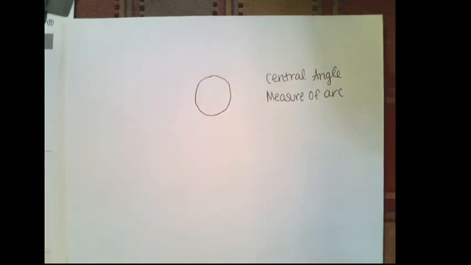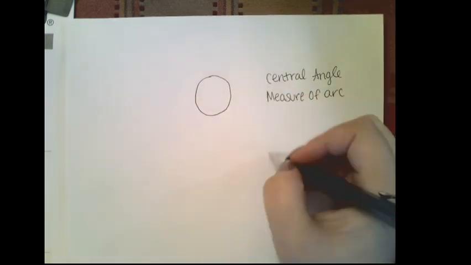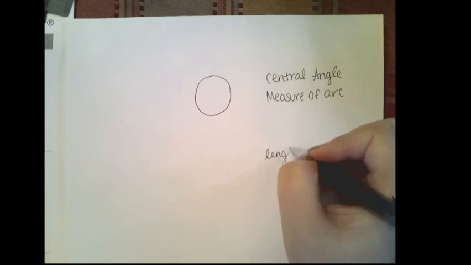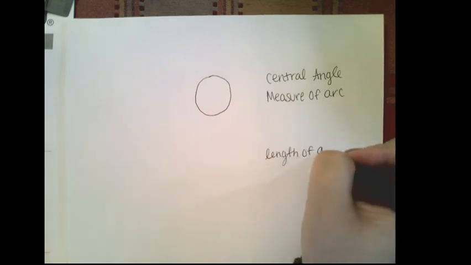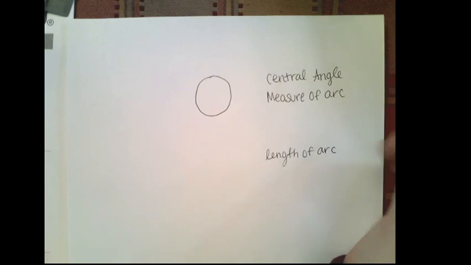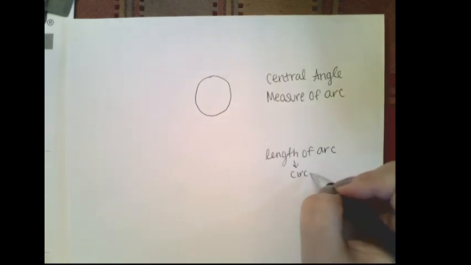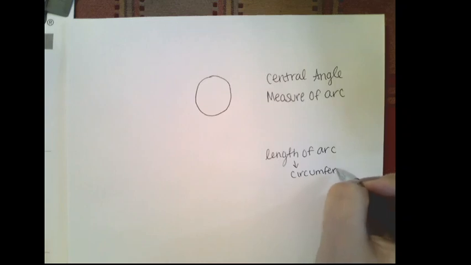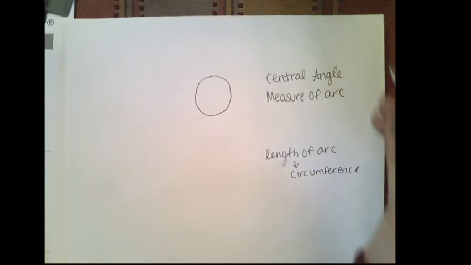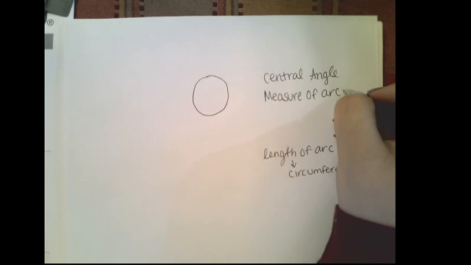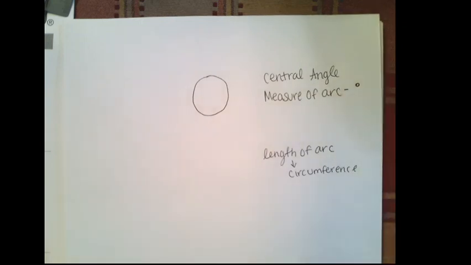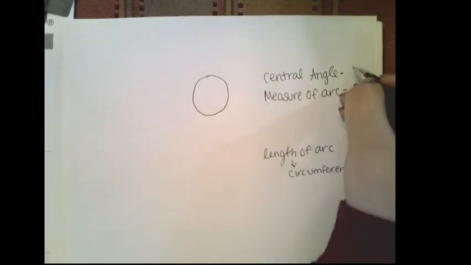So a few chapters ago we actually talked about the length of the arc, which we used by finding the circumference. The measure of the arc is in degrees, just like our central angle.